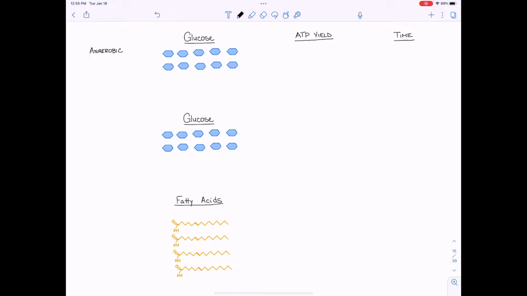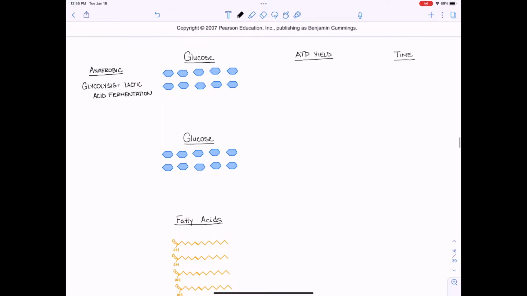Assume I have 10 glucose molecules and I am going to metabolize them anaerobically. And what that means is I'm going to use glycolysis in combo with lactic acid fermentation. Now, if that's the case, I know that each glucose molecule is going to give me 2 ATP. So what is my overall ATP yield for my 10 glucose molecules? And you can see here that it would be 20 ATP.